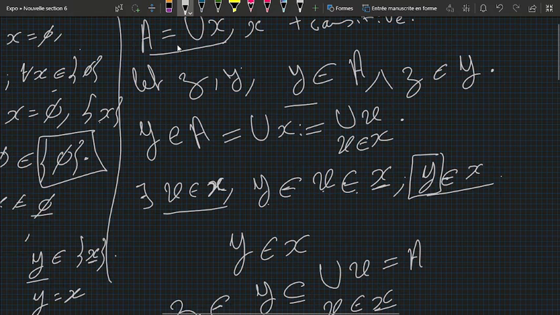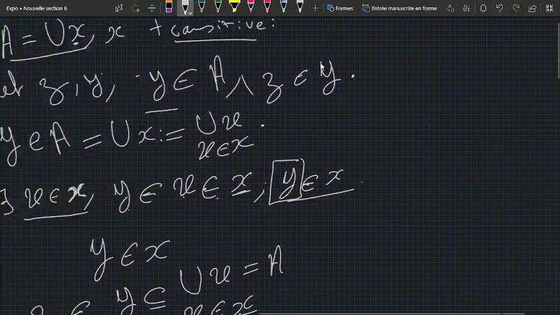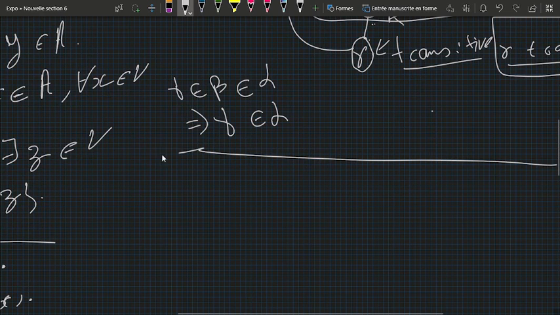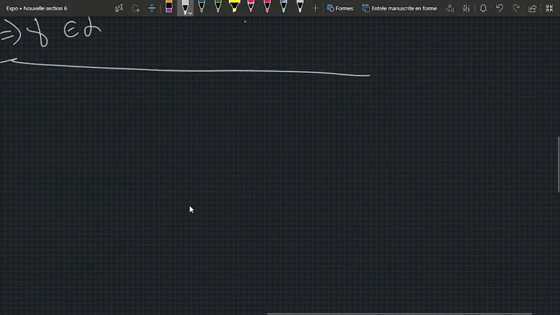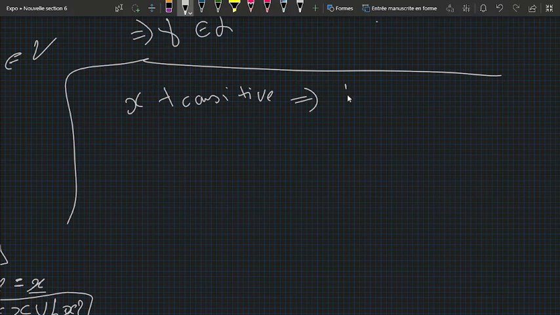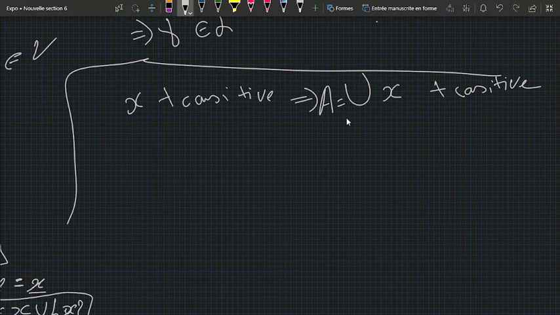Now, we've proved that if X is transitive, then the union over X is transitive. I denote this set as E. So we have the transitivity of E, and why all elements of E are transitive.